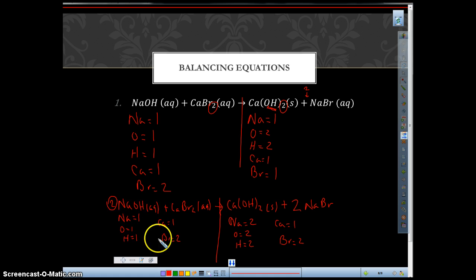Okay, and then when I do that, I'm going to recalculate everything. And typically I would write this again separately, but for lack of space, I'll just go ahead and stick this in. So that'll change 2 sodiums, 2 oxygens, and then 2 hydrogens. Okay, so then everything is balanced.